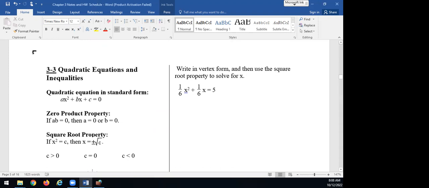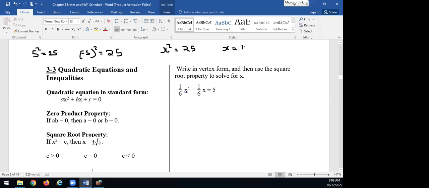If you have, for example, 5 squared, that's equal to 25. If you have negative 5 and you square it, that's also equal to 25, right? So let's say, for example, you're told that x squared is equal to 25. Then what are the possible values of x?